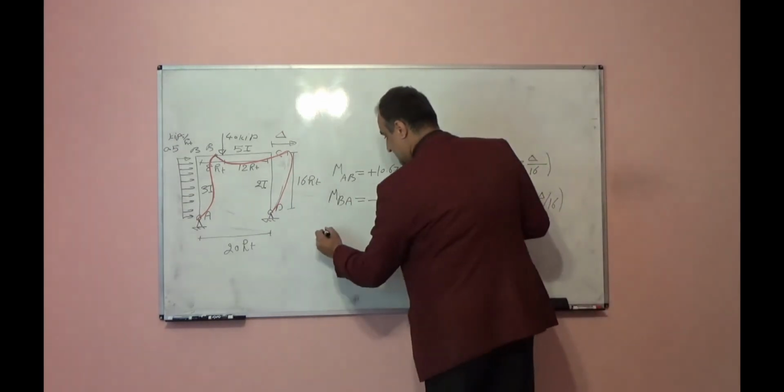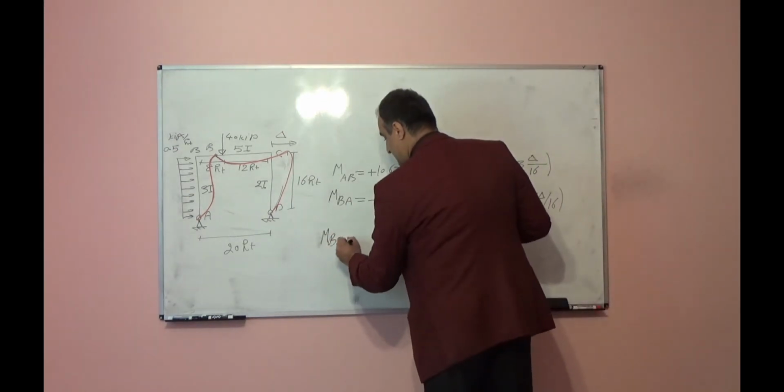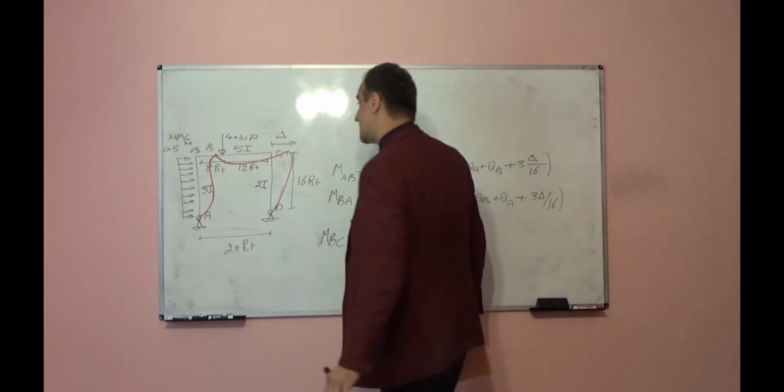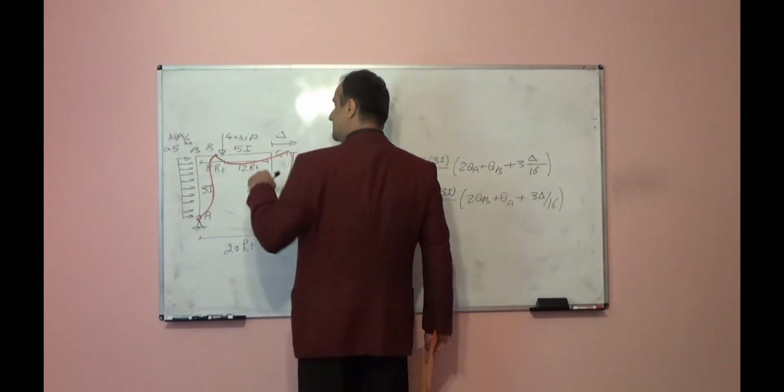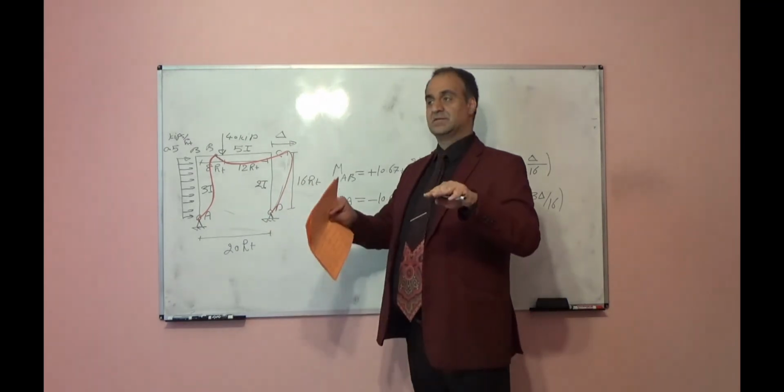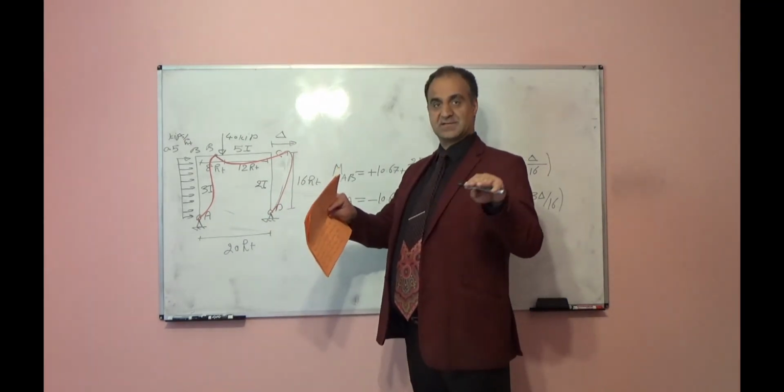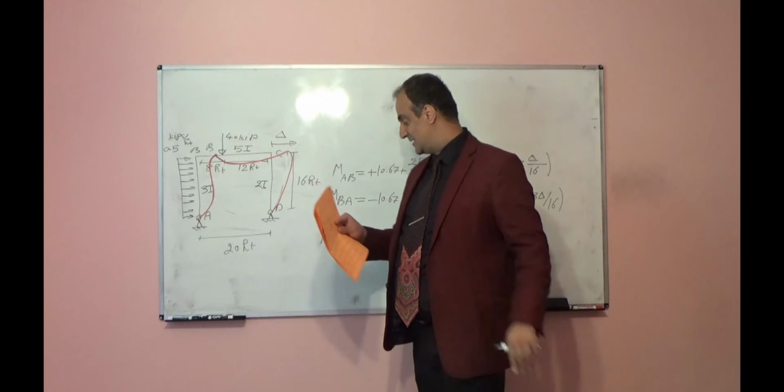M BC will not have that sway term because points B and C will not deform in the lateral direction with respect to each other. They will remain at the same elevation.